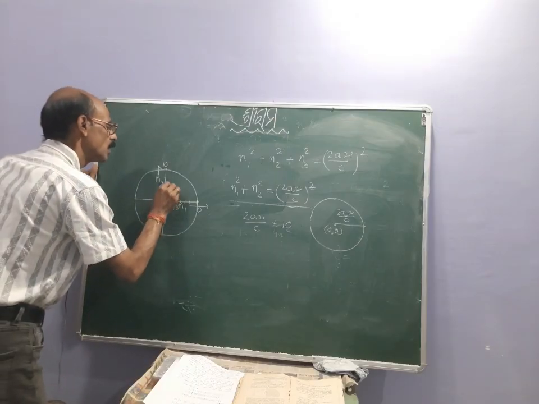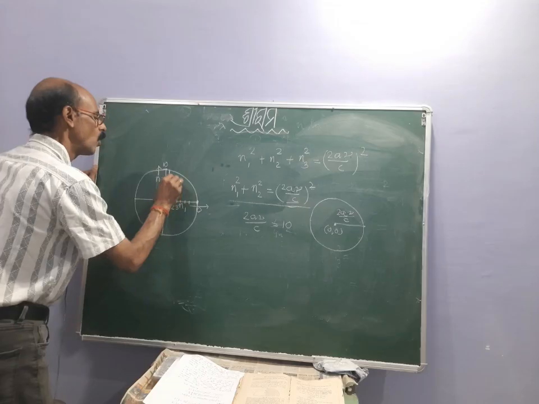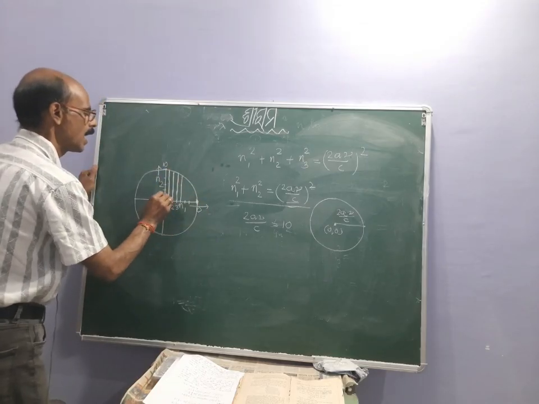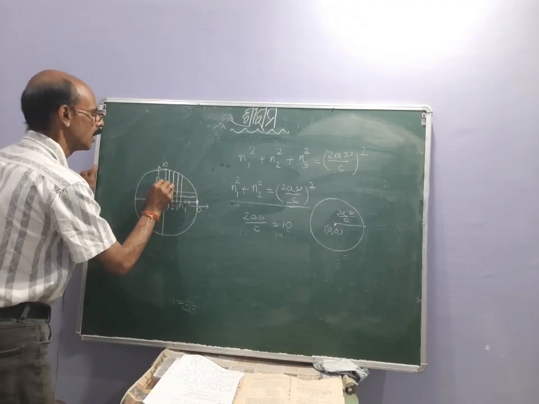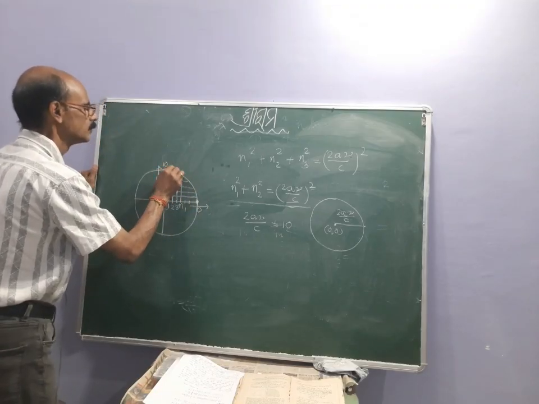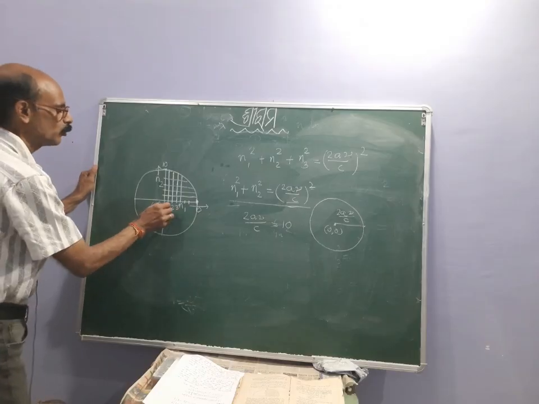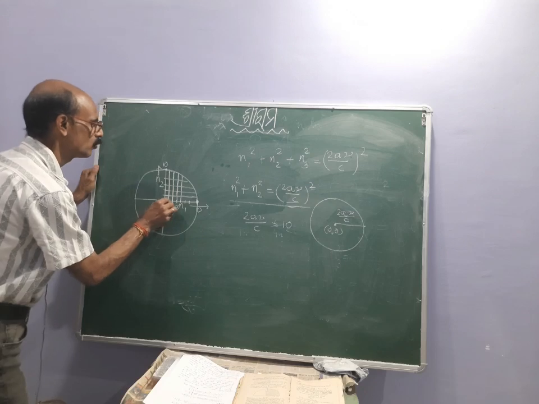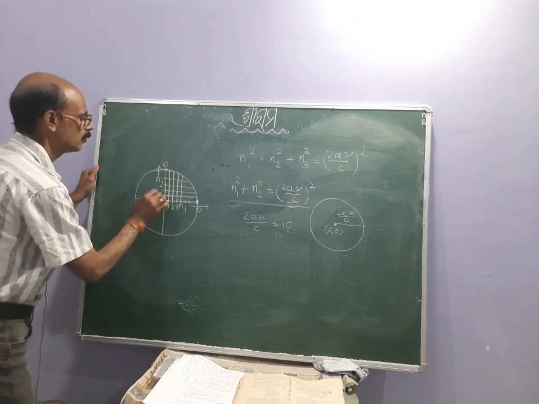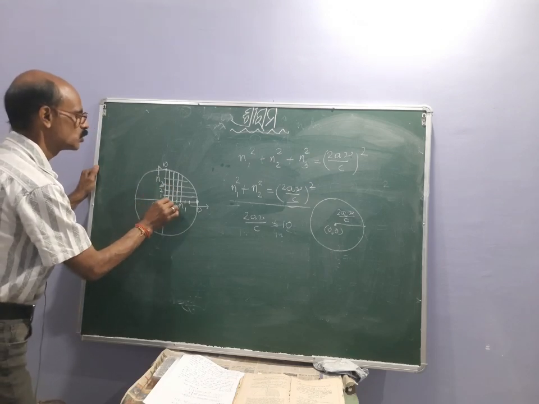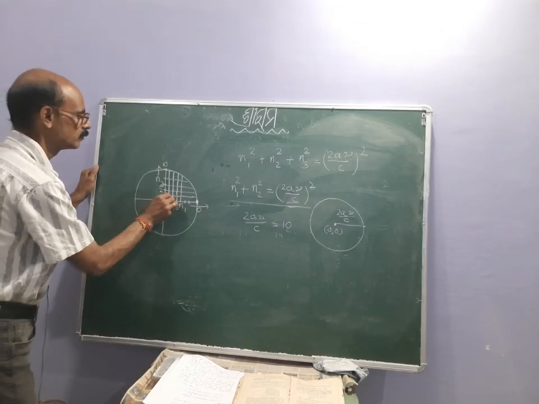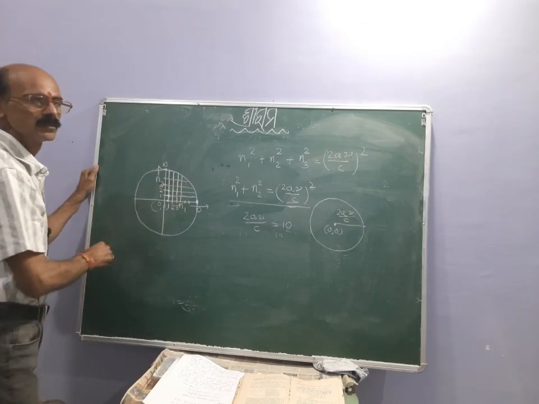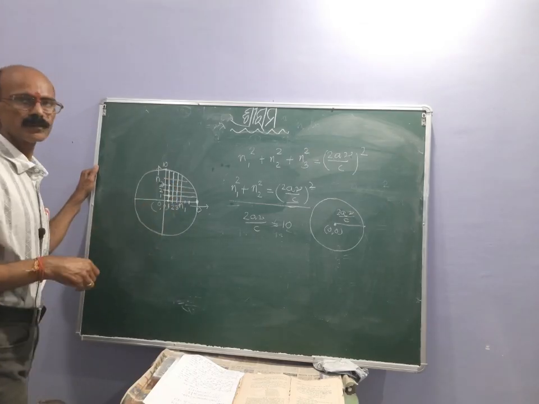Now if I draw ordinates and abscissa like this, then we have different sets of n1 and n2. See, for 1, this is 1, 2, 3. So 1, 1 can be a set. Then 1, 2 can be a set. 1, 3 can be a set.